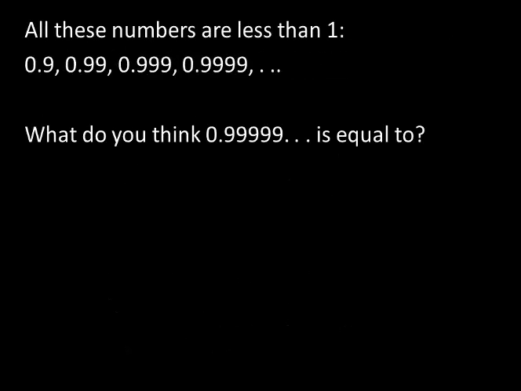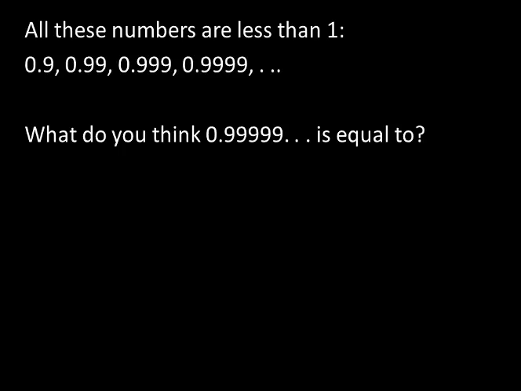Well, now we want to learn how to change numbers that are repeating, rational numbers that have repeating decimals, into fractions. We know that all rational numbers do have a representation as a fraction. Well, what do you think that 0.9999 repeating forever is?